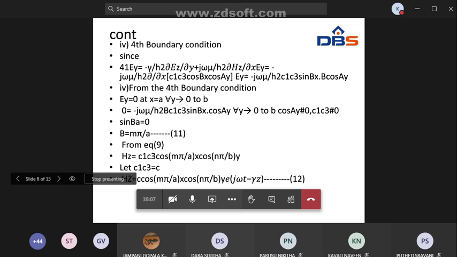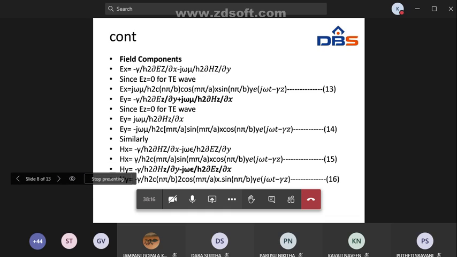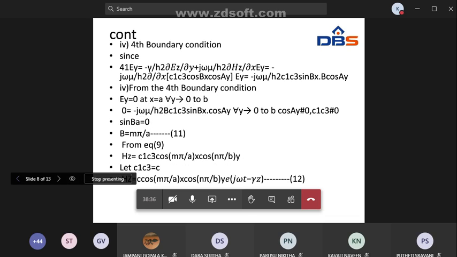Here z represents the wave is traveling along z direction and e power j omega t represents this is a sinusoidal representation, right? Okay, that is the hz equation.